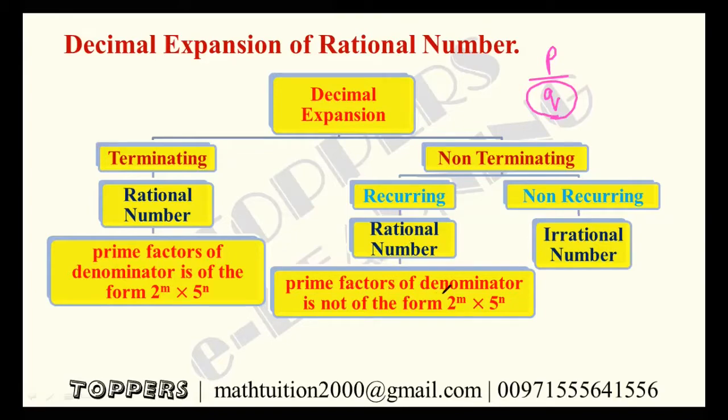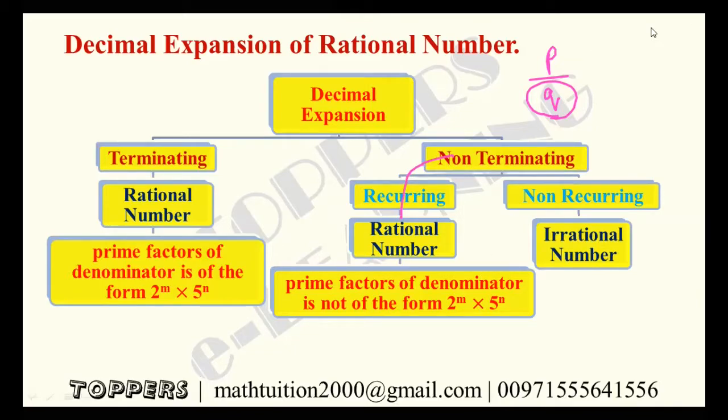And if the prime factors of the denominator are not of the form 2 raised to m into 5 raised to n, and other numbers like 3, 7, 11, etc. are there in the prime factorization, then it is a rational number with non-terminating and recurring expansion.